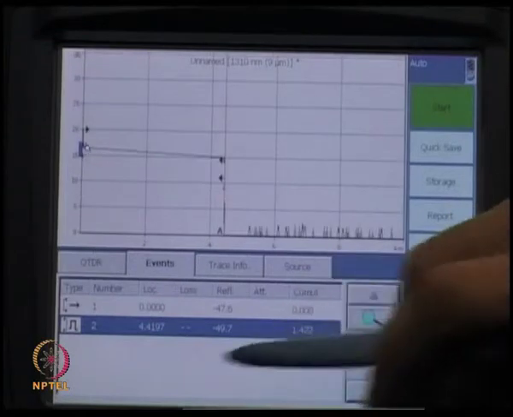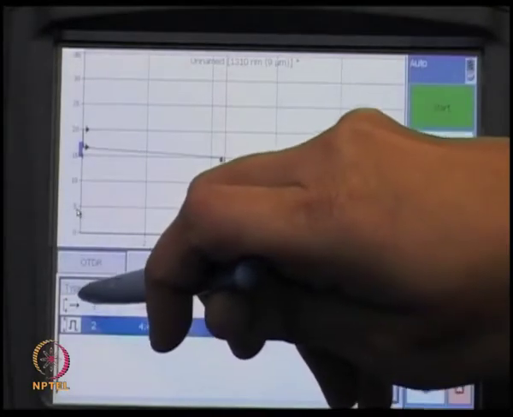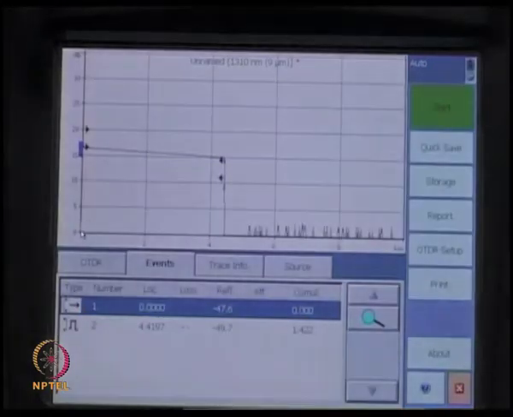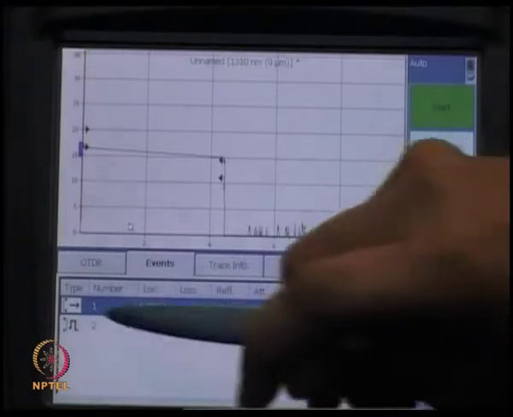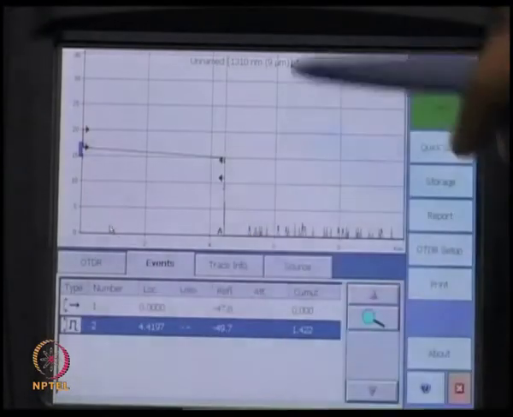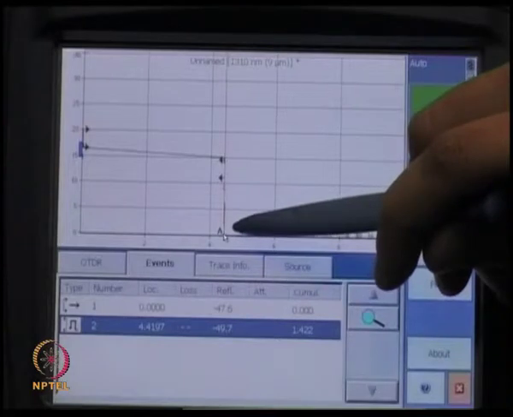So, you see this is the trace of the OTDR. As we saw, the x axis is the distance and y axis is in terms of dBs, which measures the loss. So, one can see here the length of the fiber is about 4.4 kilometer.